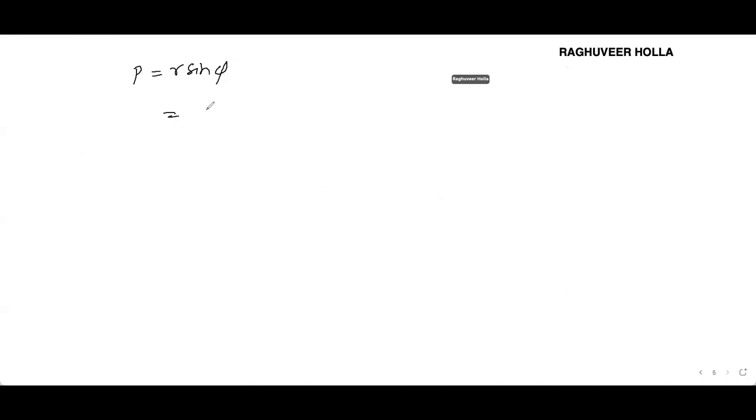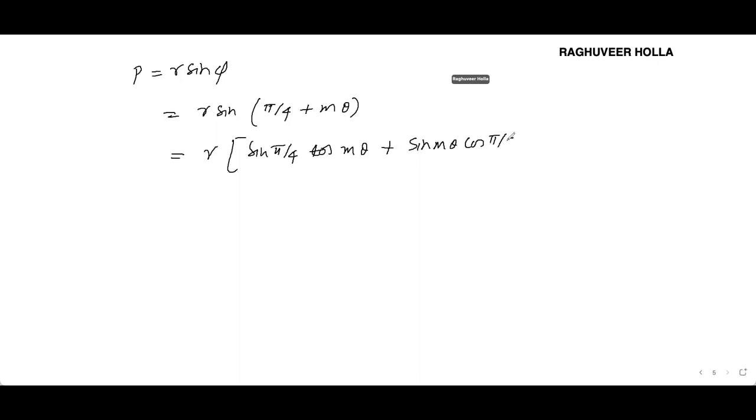Okay, so this is r into sine pi by 4 plus m theta, which is equal to, I can write this as sine pi by 4 multiplied cos m theta plus sine m theta cos pi by 4.